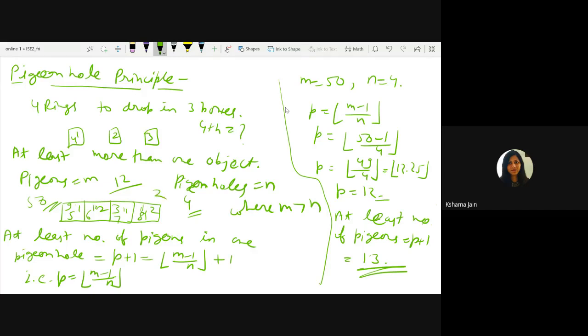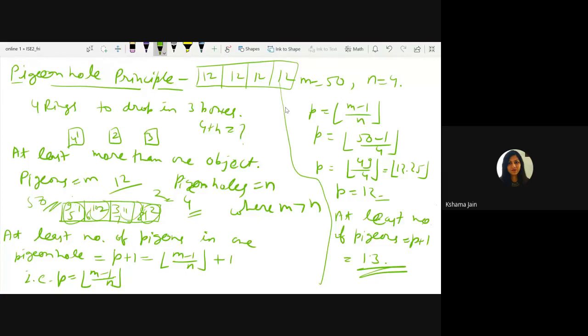So 12 will be distributed equally. Out of 4 holes, each is occupied by 12 pigeons: 12 pigeons here, 12 here, 12 here, 12 here.